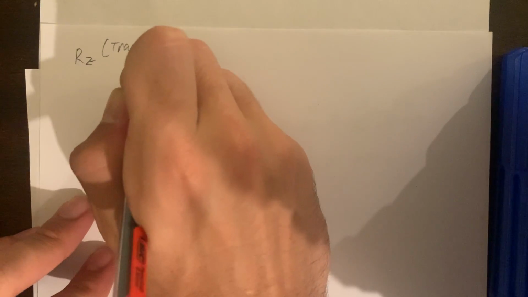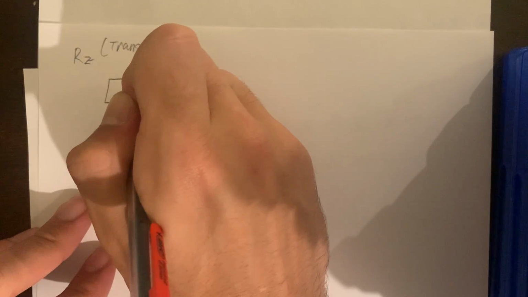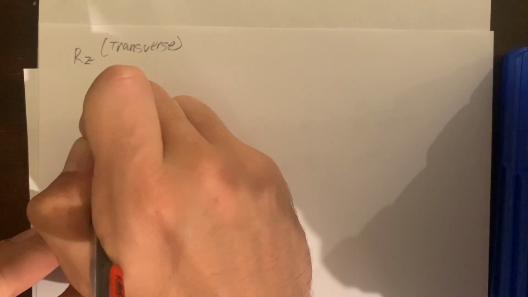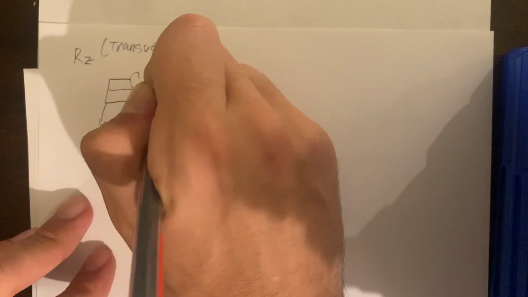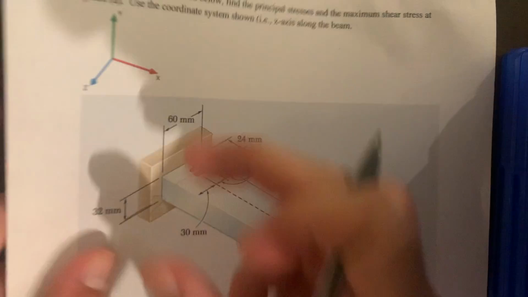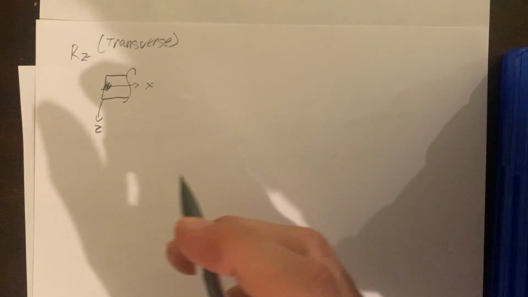Okay, transverse. So let's draw this with respect to the XZ plane. We'll say Z is coming down this way, and X is right there. That will leave point A right there. If you're looking at it from the top, X will be right there in the middle.